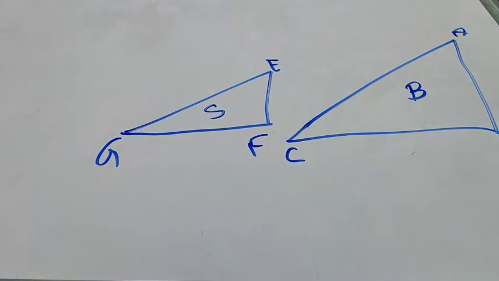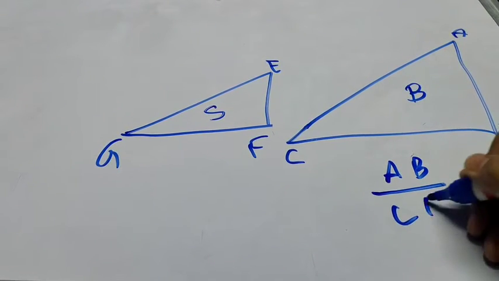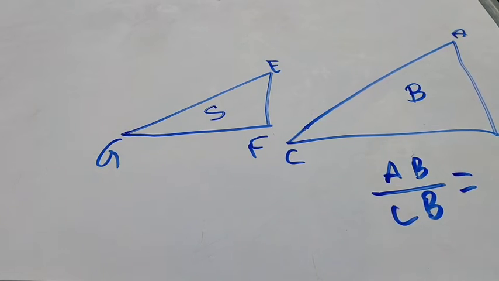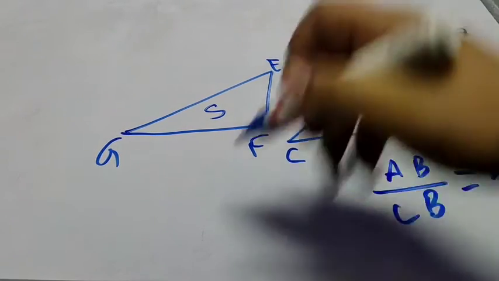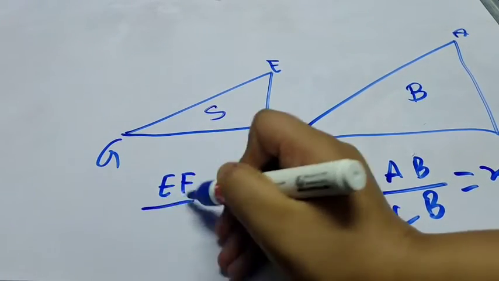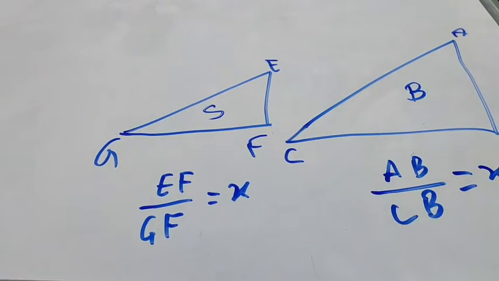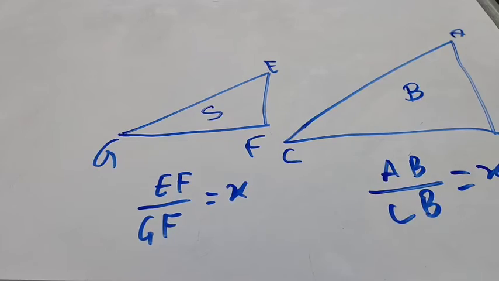Now if you divide AB upon CB, the answer will be something. Let's call it X. And if you divide EF by GF, your answer will be the same. So that is the kind of ratio you see in a 30 60 90 triangle, as well as the 45 45 90 triangle.